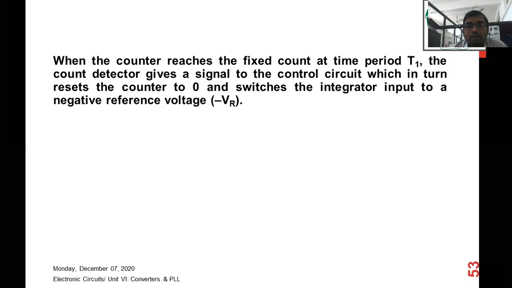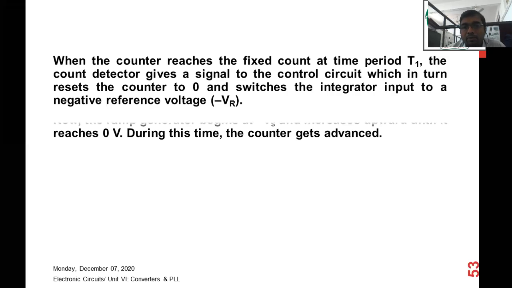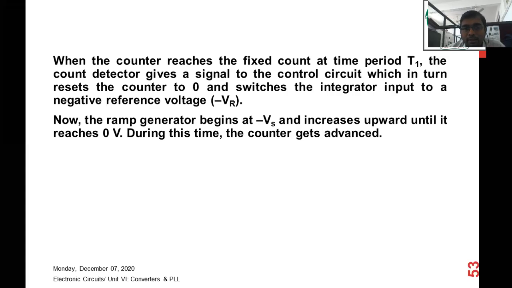When the counter reaches the fixed count at time period T1, the count detector gives the signal to the control circuit, which resets the counter to 0 and switches the integrator input to the negative reference voltage minus Vr, using the switch in the diagram. That generates a positive ramp voltage, and the ramp begins to increase upward until it reaches 0 volt.